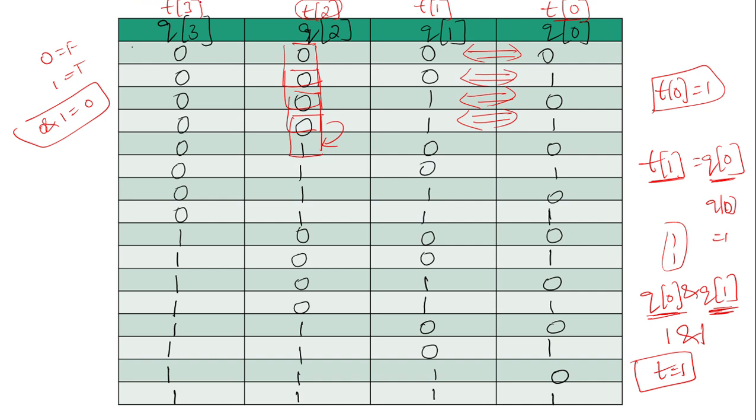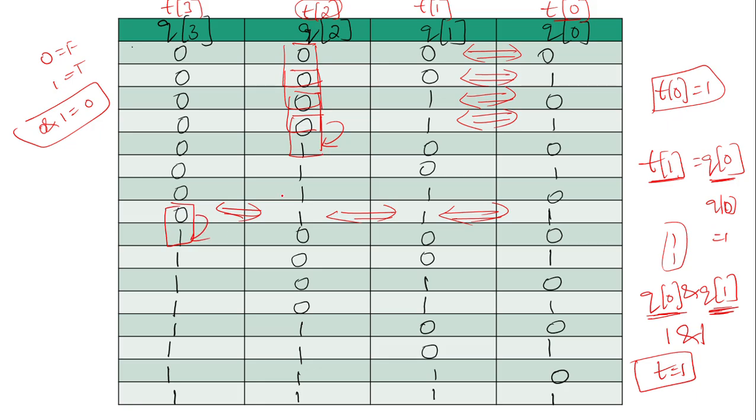Same for Q of 3 also: whenever all the outputs of the first flip flop, second flip flop and third flip flop are 1, in this particular line all the flip flops are the same, then only the toggle will happen. Here you can see there is a toggle, so 0 is converted into 1.